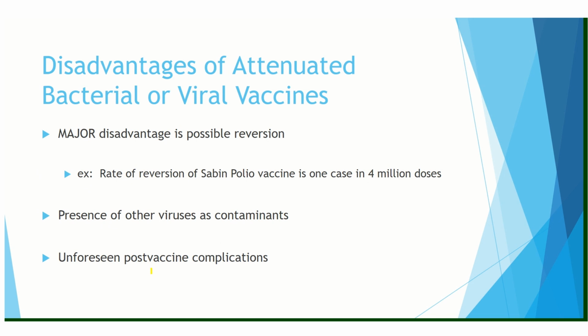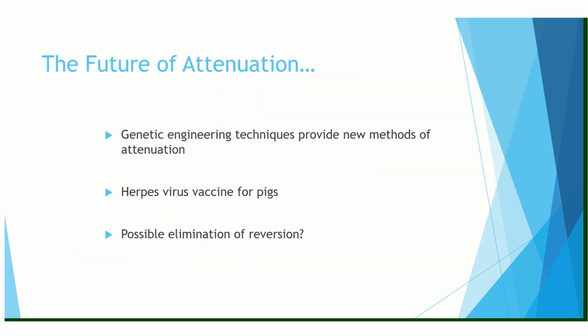A few complications happened after this vaccination. So how about in the future? Genetic engineering techniques provide new methods of attenuation. That's what we're looking forward to. A herpes virus vaccine for pigs is still being developed, and eliminating the possibility of reversion is still being worked on.